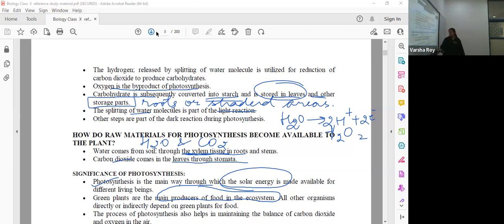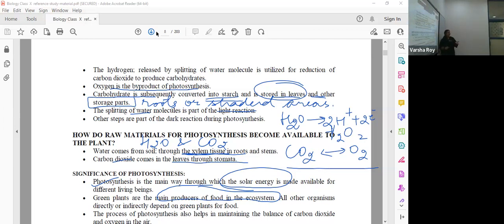Then इसका बाय प्रोडक्ट क्या था? ऑक्सीजन. तो ये CO2 एंड ऑक्सीजन के बीच में क्या मेंटेन करता है? बैलेंस. So there is a balance of carbon cycle. कार्बन साइकिल को कौन बैलेंस कर रहा है? The producers, the green mass. इसका जो बायोमास है सबसे ज्यादा पूरे ओशन में, you know, हमारा 70% of the earth is covered by water bodies. तो उसमें कौन है? एल्गे, phytoplanktons.